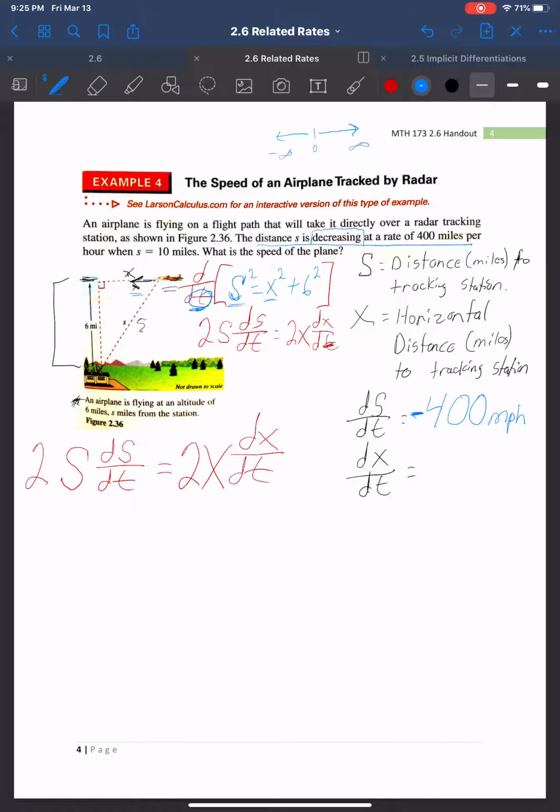Now, it's not going to matter in the end, and you'll see why. But so that means, and let's get back to the question, it says when s is equal to 10. So in this case, we also know that s is equal to 10 miles.